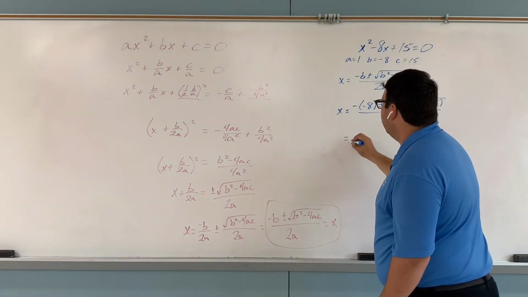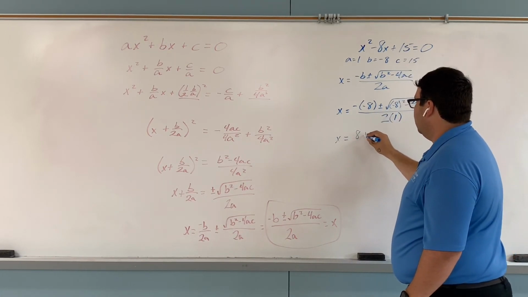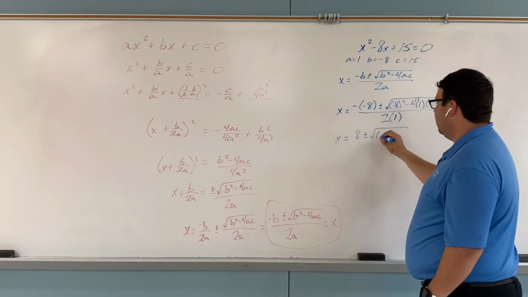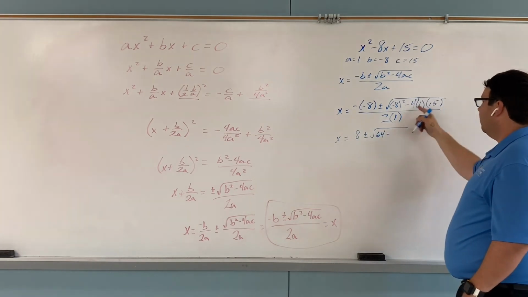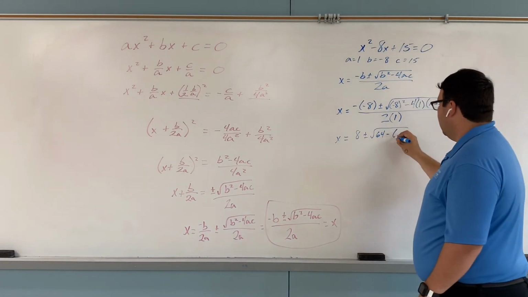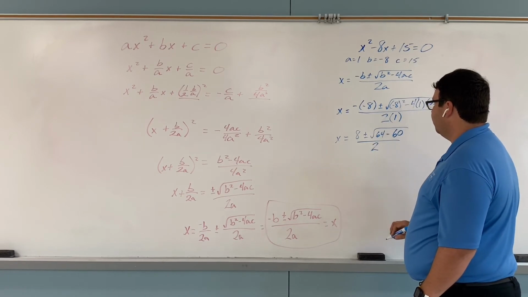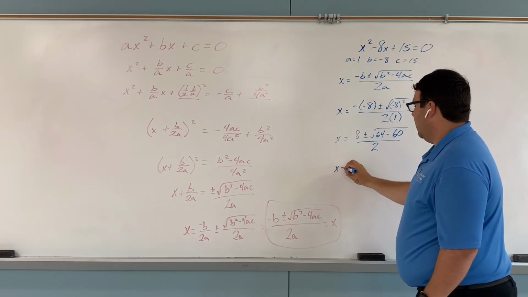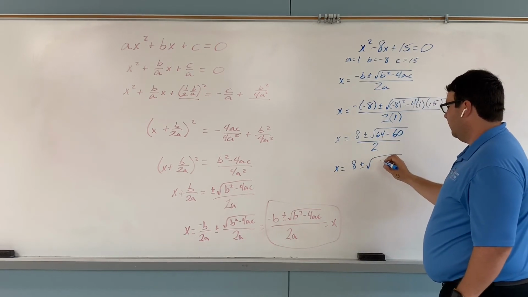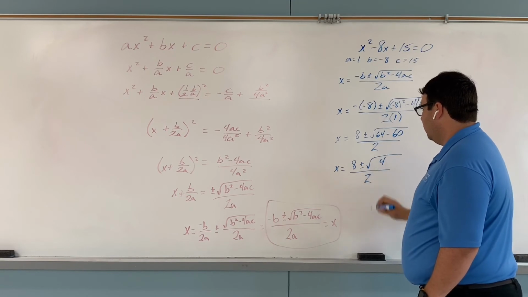I can then go through and say x is a negative 8, which is 8, plus or minus negative 8 squared is 64, minus 4 times 1 is 4, times 15 is 60, so that's minus 60 there. All divided by 2 times 1 is 2. X will equal 8 plus or minus 64 minus 60 is going to be 4, square root of 4 there, over 2.